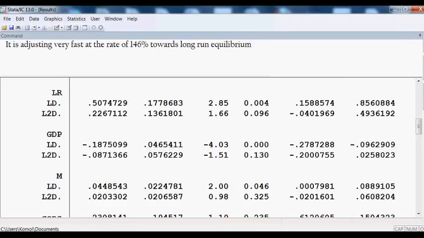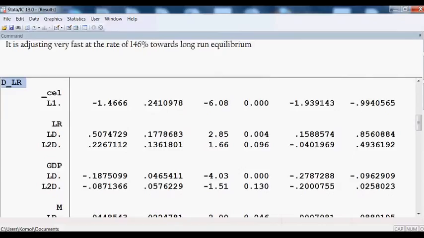But we can check jointly whether LD and L2D jointly can cause the LR or not.